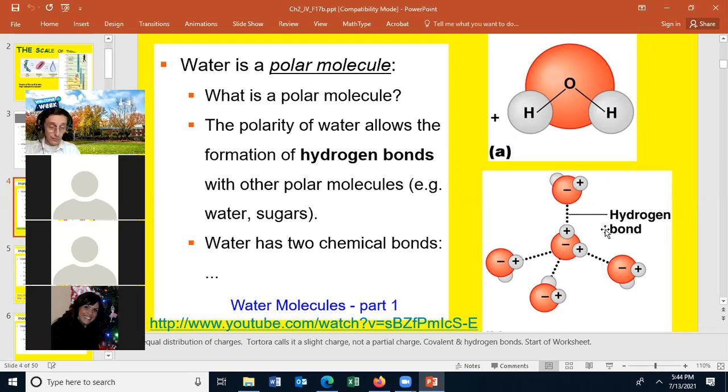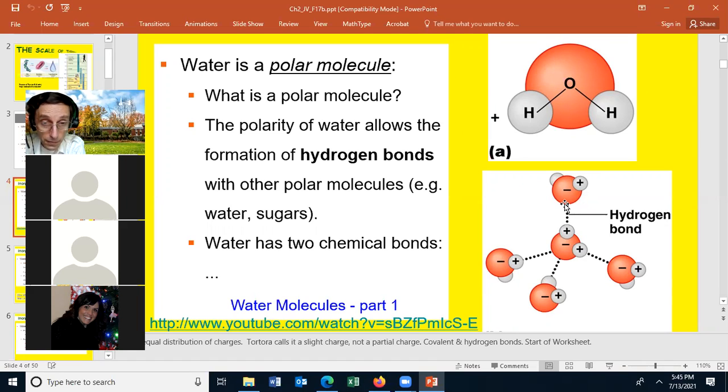So water has 2 chemical bonds. Between water molecules, we find hydrogen bonds. And I'm talking about liquid water or solid water. As in gas, you don't have the hydrogen bond forming. Okay, but in liquid water you do.